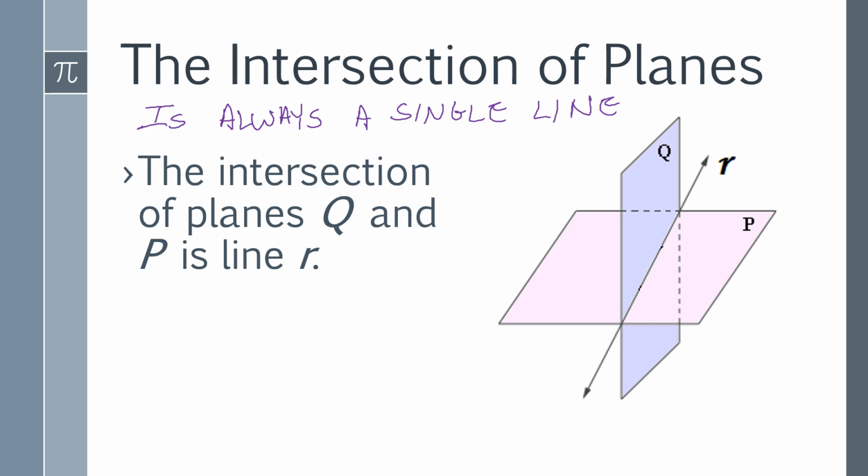So we can see here that these two planes intersect, and you can see here that there is a straight line. The interesting thing is if you look in a room and you see where two walls meet, you'll see a single line.